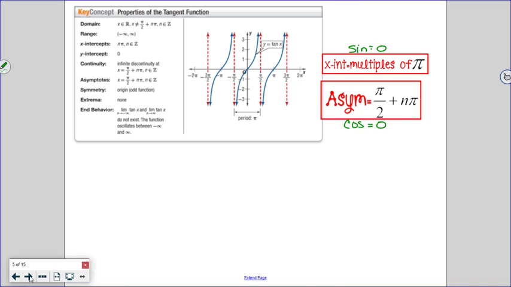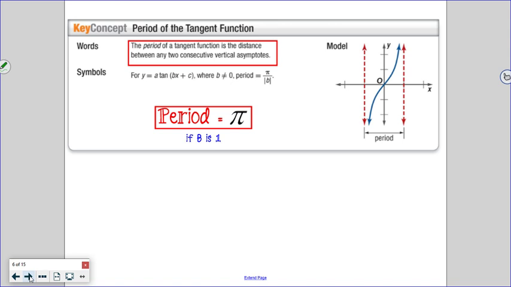The other thing, and one of the things that is unique to tangent and cotangent, is that it has a different period length than the other 4: sine, cosine, secant, cosecant. Because you hit every single value in only a length of pi instead of needing 2 pi to get all of that. Because every single one of our curves is the same between our asymptotes, and all the asymptotes are only pi apart.